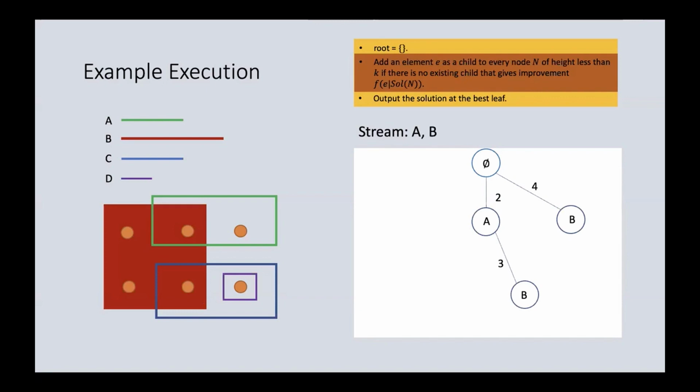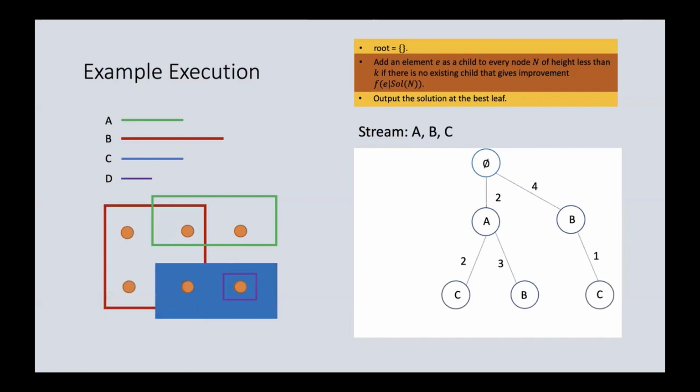Then we insert B. For this example, the value of k is 2, so the height of the tree is at most 2. Also, for ease of presentation, I assume that the set of all possible increases in f is small, so the number of nodes in this tree is bounded.